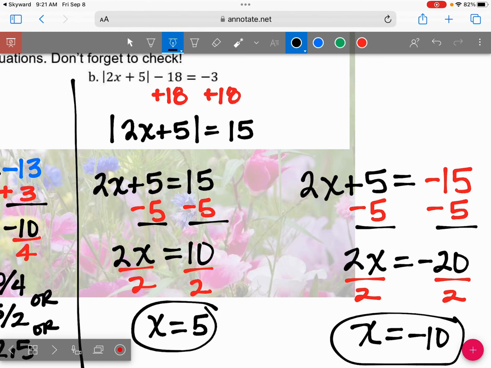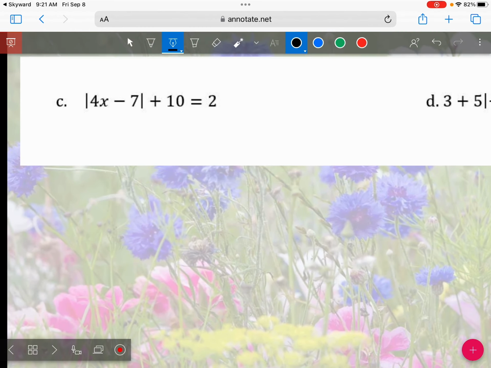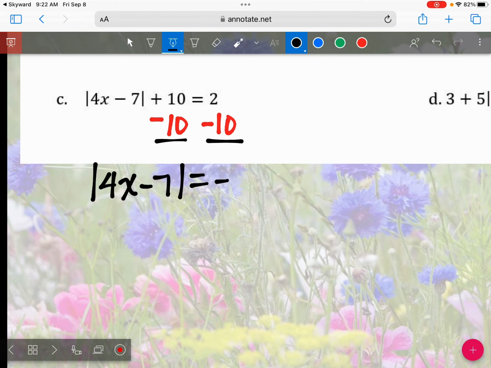Okay, we'll do a couple more. Two more. So let's look at question C. When I subtract the 10 from both sides, I get that the absolute value of 4x minus 7 equals negative 8.